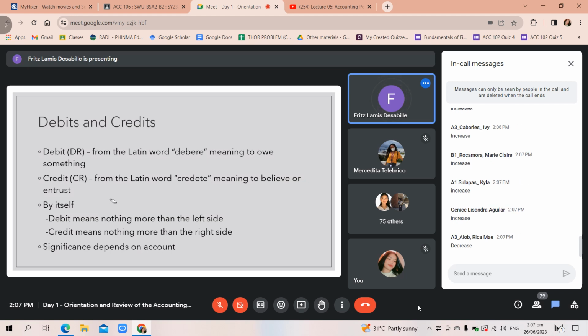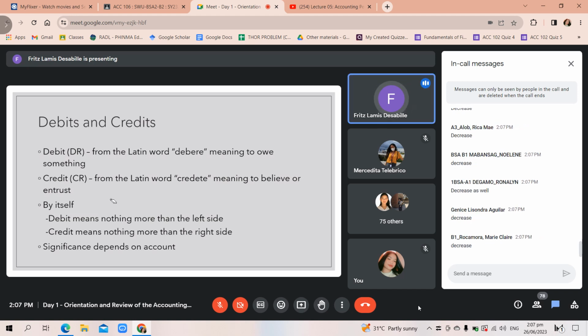Decrease. Now, for expense, if we debit an expense, what will happen to the expense? Increase. Similarly, if we credit an expense, decrease. For liability, it's reversed.